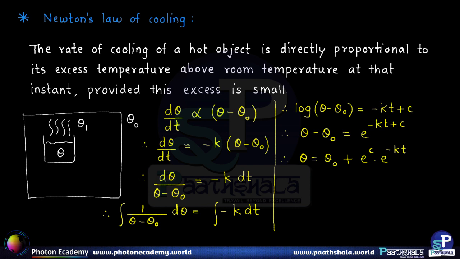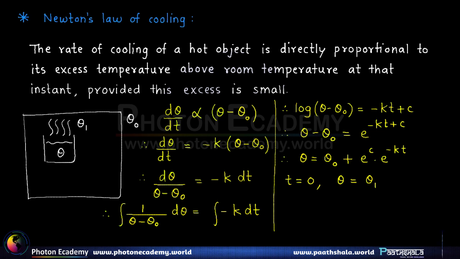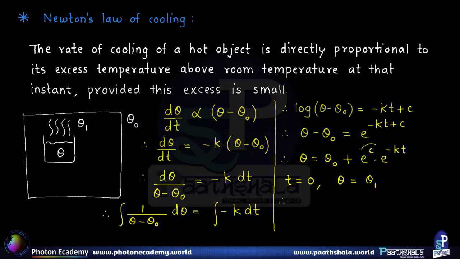Now we know that initially, that is when t was 0, the temperature of the body was theta 1, because we obviously know the temperature to which we are raising the body and then allowing it to cool. So after we substitute that, e raised to minus kt becomes 1, therefore the value of e raised to c will be equal to theta 1 minus theta 0.